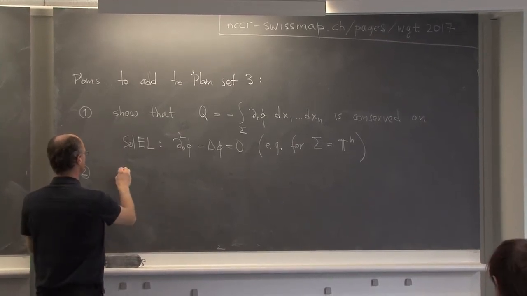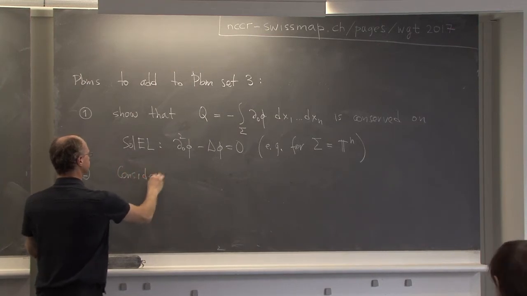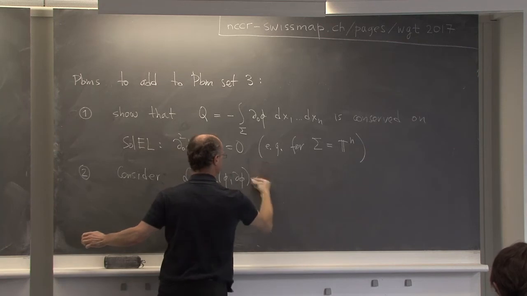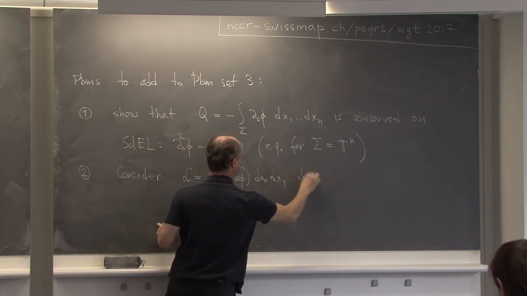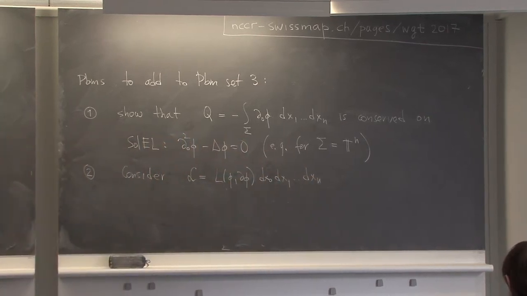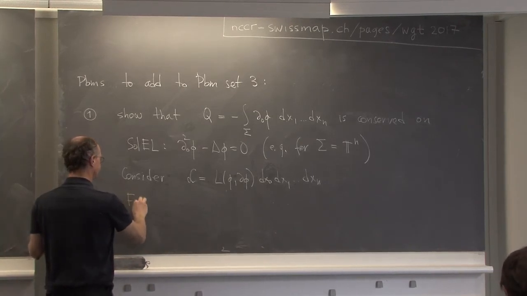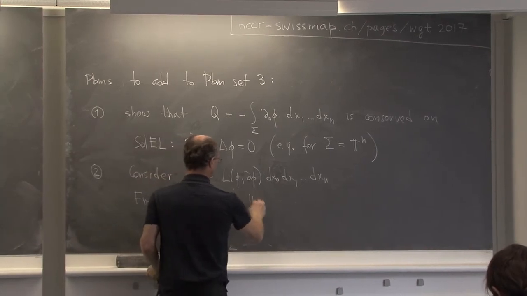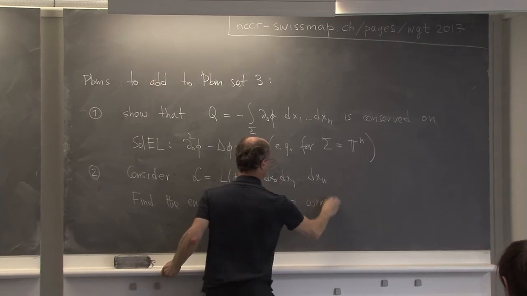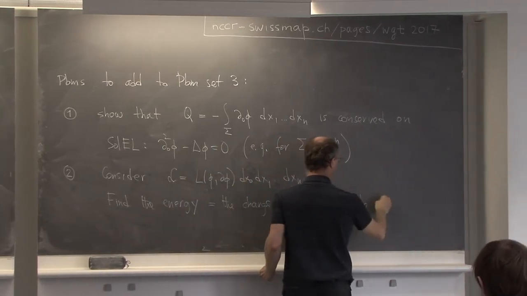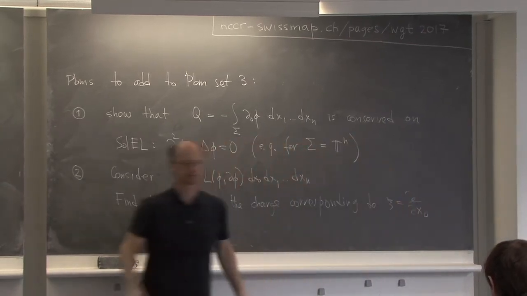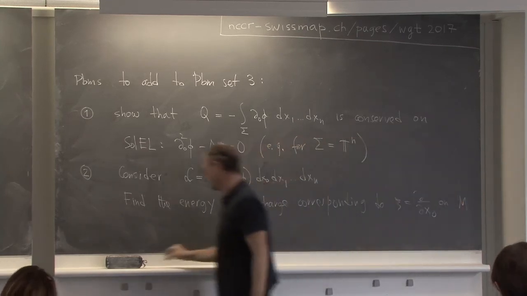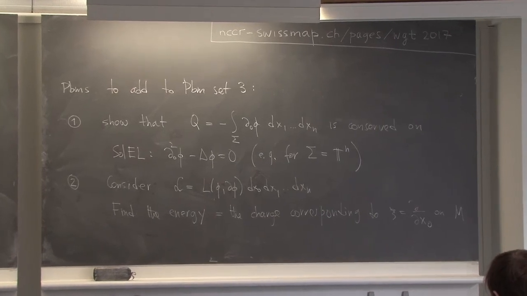And the second question is: consider a classical field theory with an arbitrary first order Lagrangian, and find the energy, which is the charge corresponding to psi, the partial derivative in the time direction on M. So we did this exercise for the very particular free field theory.